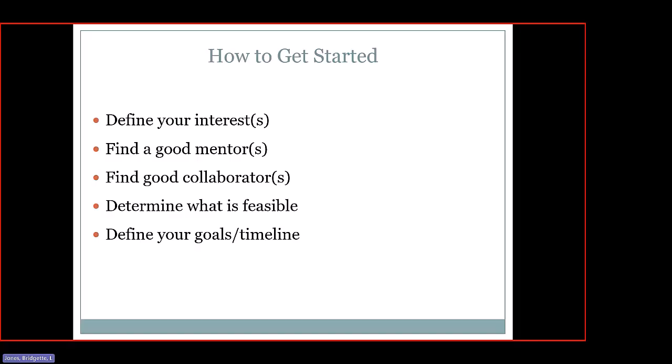Especially for your fellowship projects, you'll need to think about the timeline that you have, which is relatively short for doing a full research project, and what can be accomplished over that time. Then try to develop your own timeline to define your goals.